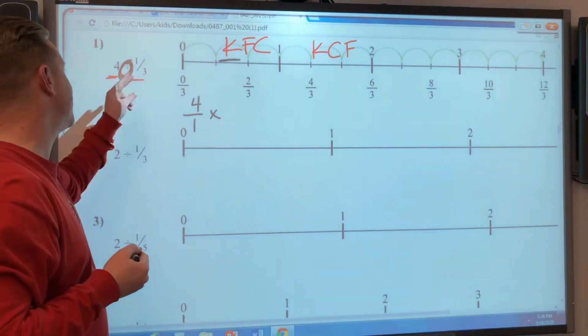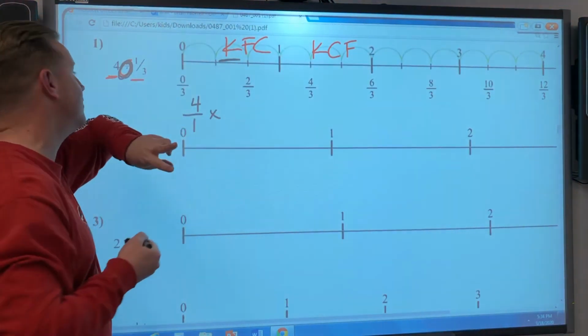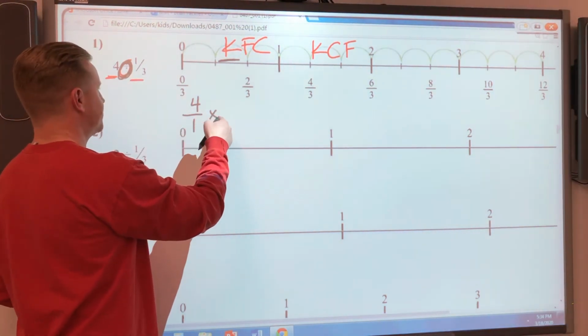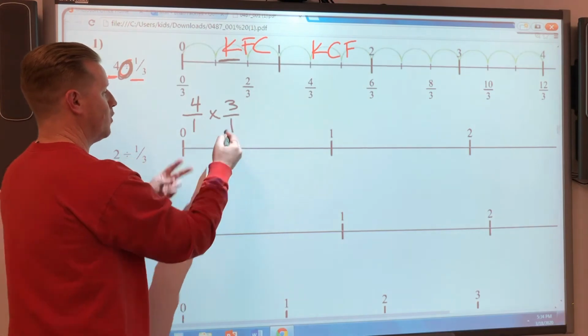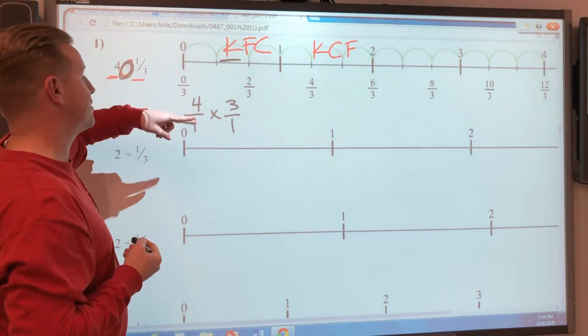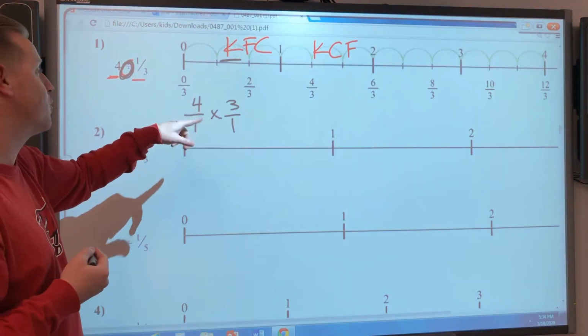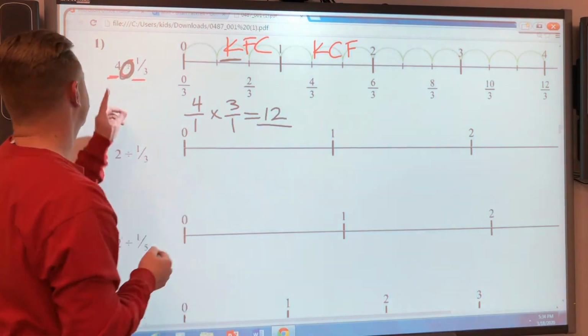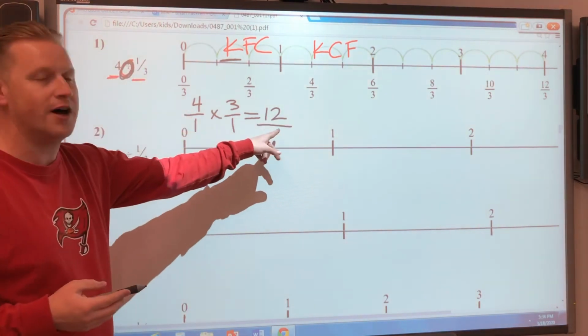When you divide by a fraction, you multiply by its reciprocal. So 4 divided by 1/3 becomes 4 multiplied by 3 over 1, because the reciprocal of 1/3 is 3, or 3 over 1. Looking on paper, that gives you an answer of 12.